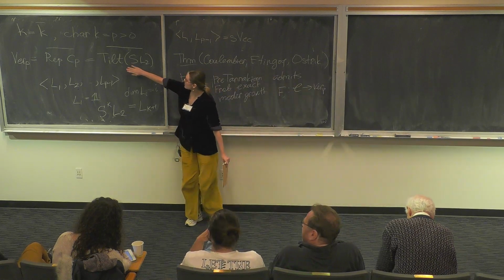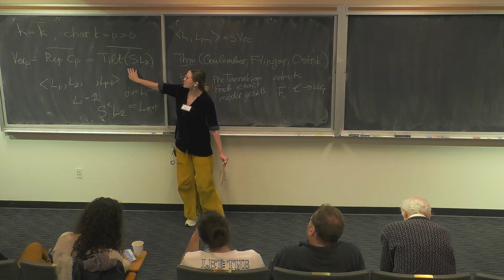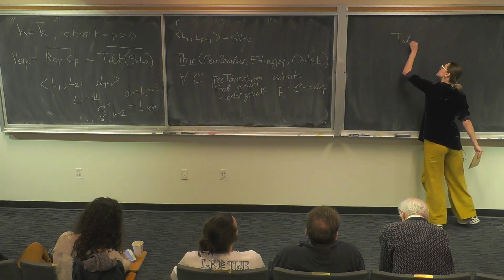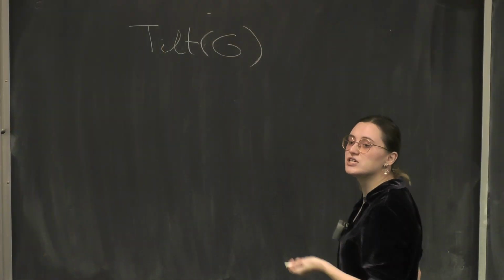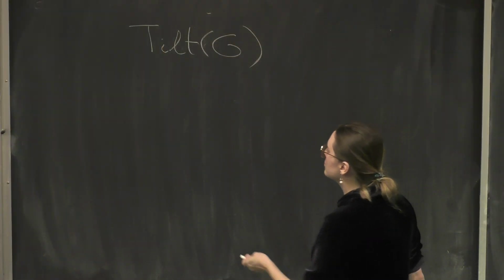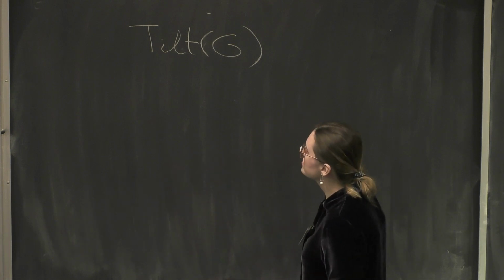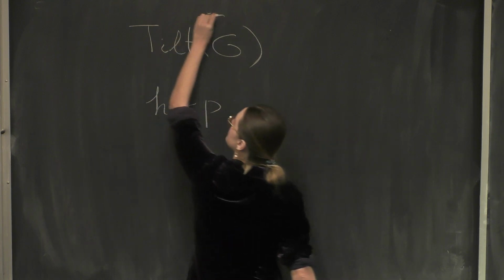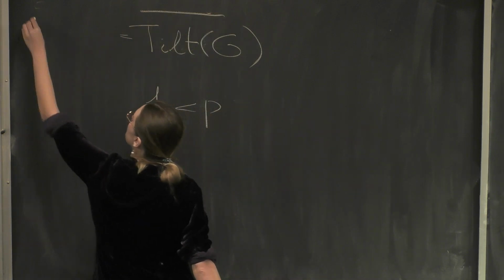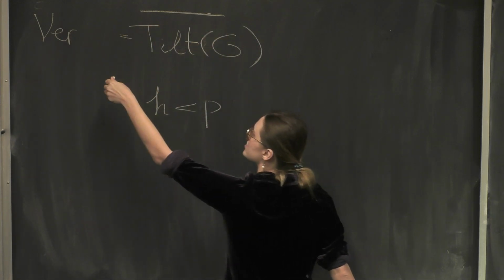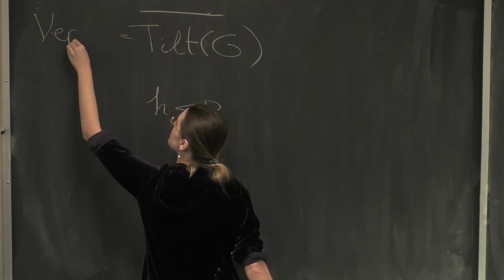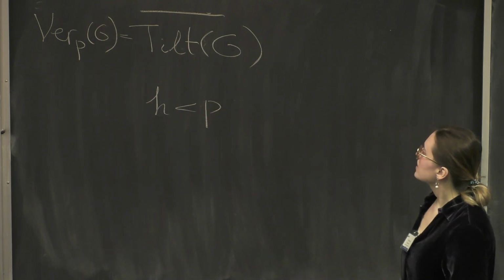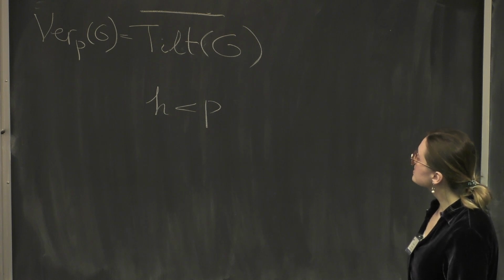So we can try to imitate this construction over here and look at the category of tilting modules of some reductive group G. And so if P is large enough compared to G, so if the Coxeter number is less than P, then we'll call the semi-simplification of this Verlinde P of G. And it's going to be some semi-simple tensor category.